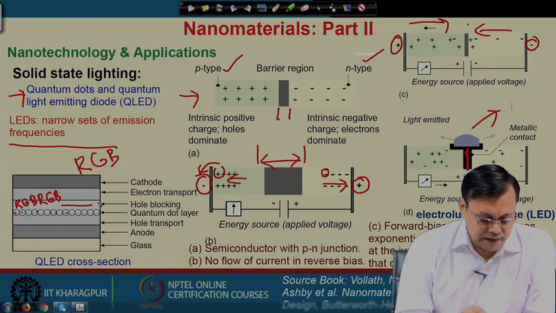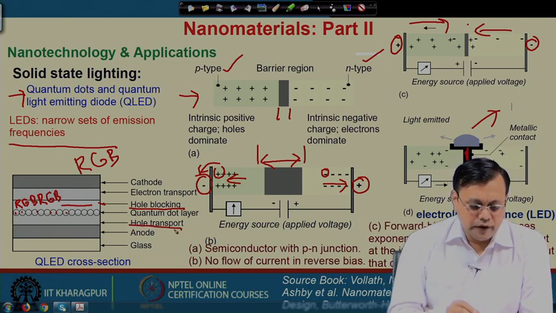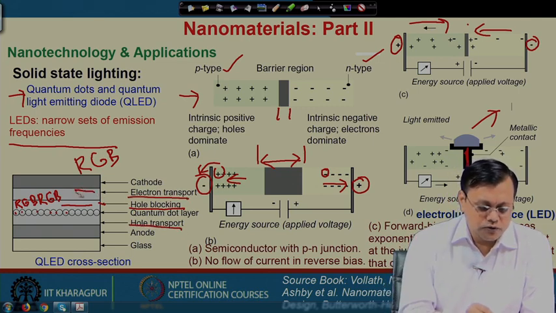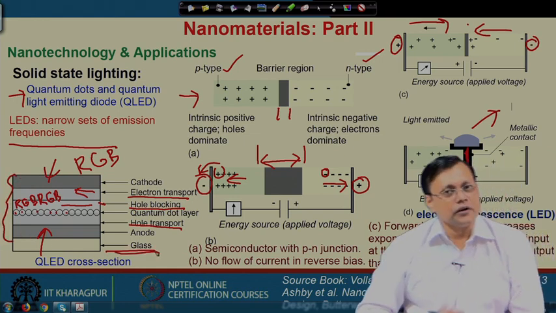Now, here these are the layers which create the blocking and transport, where the electron transport is caused by this layer. On one side we have a cathode and on the other side we have an anode, and the whole structure is deposited on a substrate, let us say glass.